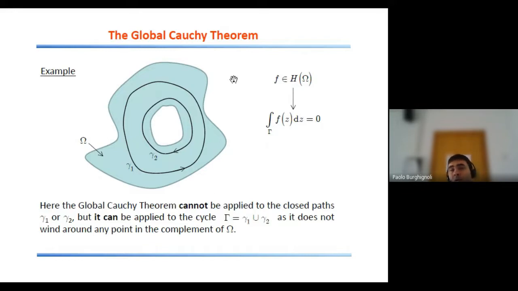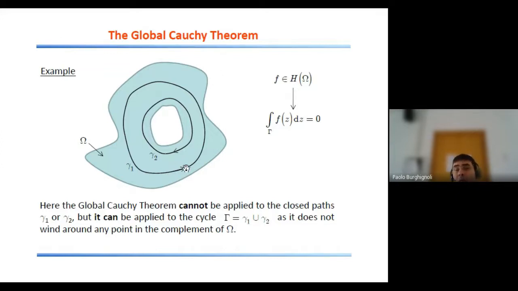By the global Cauchy theorem, we may conclude that the integral along this cycle of the function f must be equal to 0. Okay. Note that the global Cauchy theorem could not be applied separately to gamma 1 and gamma 2. That's because each of those curves winds around points in the interior.